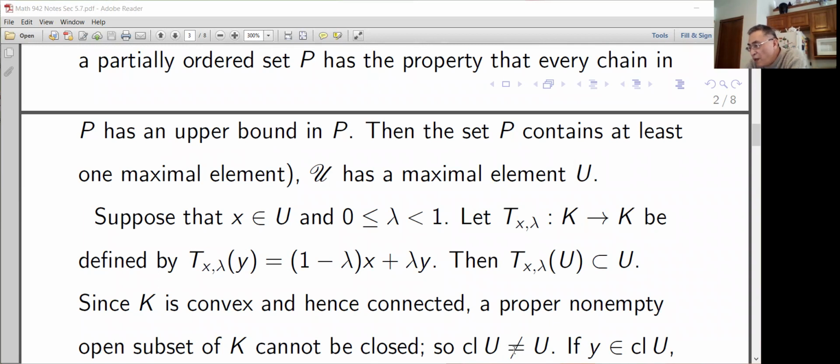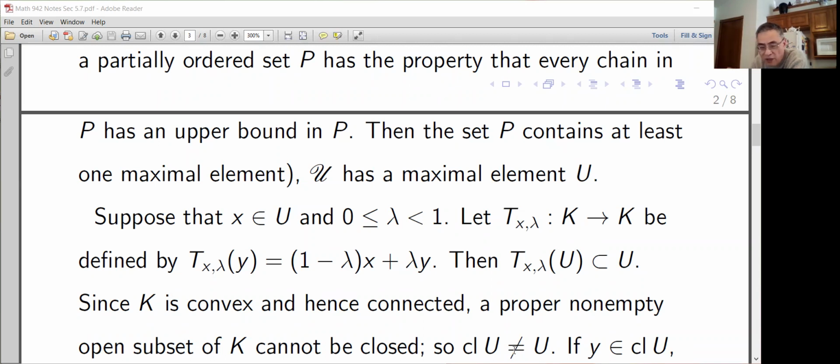If a subset of K is open and closed, then it is either empty or K itself.